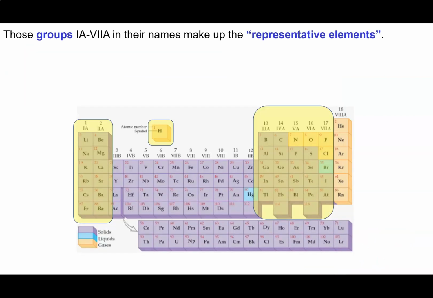Okay, I talked about this idea of groups previously, and there are two systems of labeling the columns or groups on a periodic table. One is where we use what we call Arabic numerals, which are just your everyday numerals.